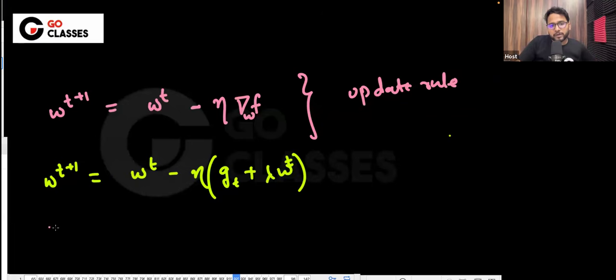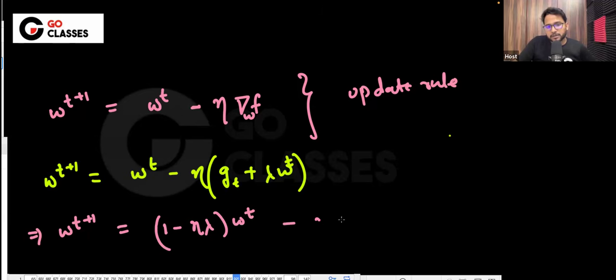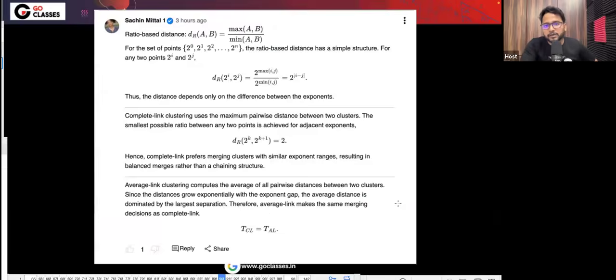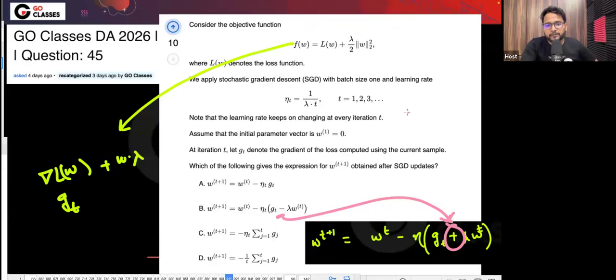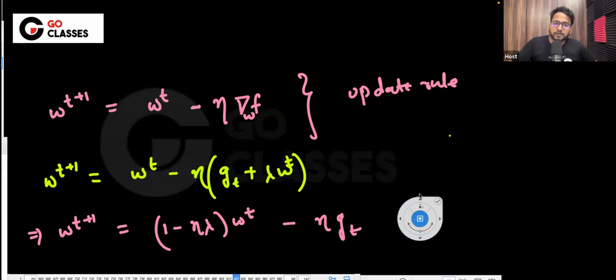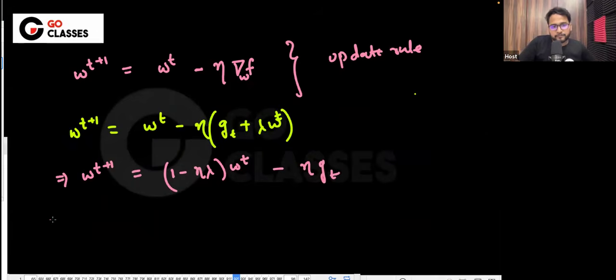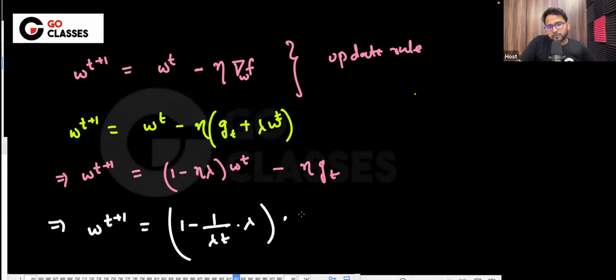So what we can do is take the wt terms together. It will be wt plus 1 equals (1 minus eta lambda) into wt, minus eta Gt. The learning rate eta is already given to you as 1 upon lambda t, so you can substitute this. wt plus 1 will be (1 minus 1 upon lambda t into lambda) wt minus 1 upon lambda t into Gt.